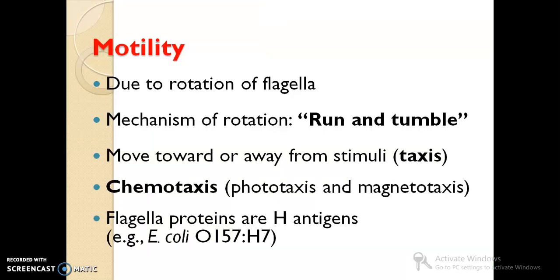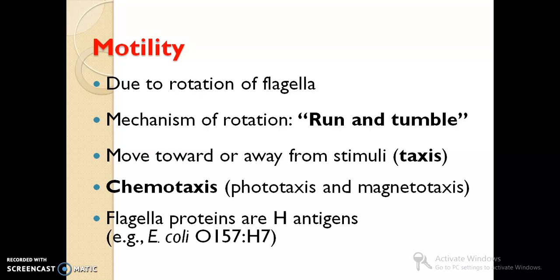So as we see, the flagella are generally used for the motility of bacteria, and the mechanism of rotation is run and tumble. Most of the time they move towards or away from a stimulus, called taxis. Some examples are chemotaxis, phototaxis or magnetotaxis.